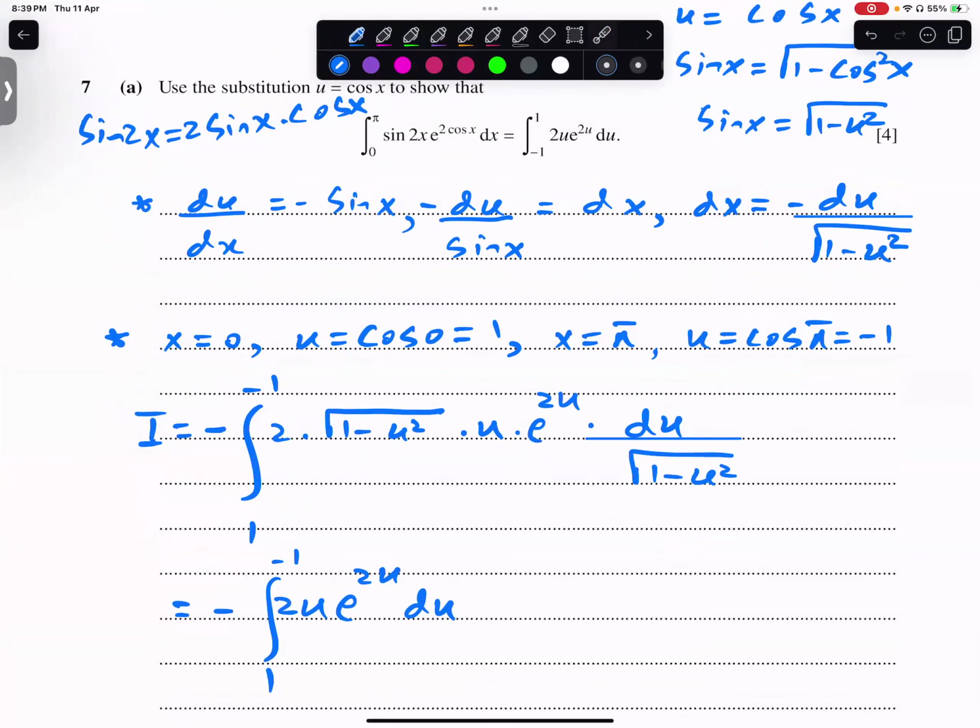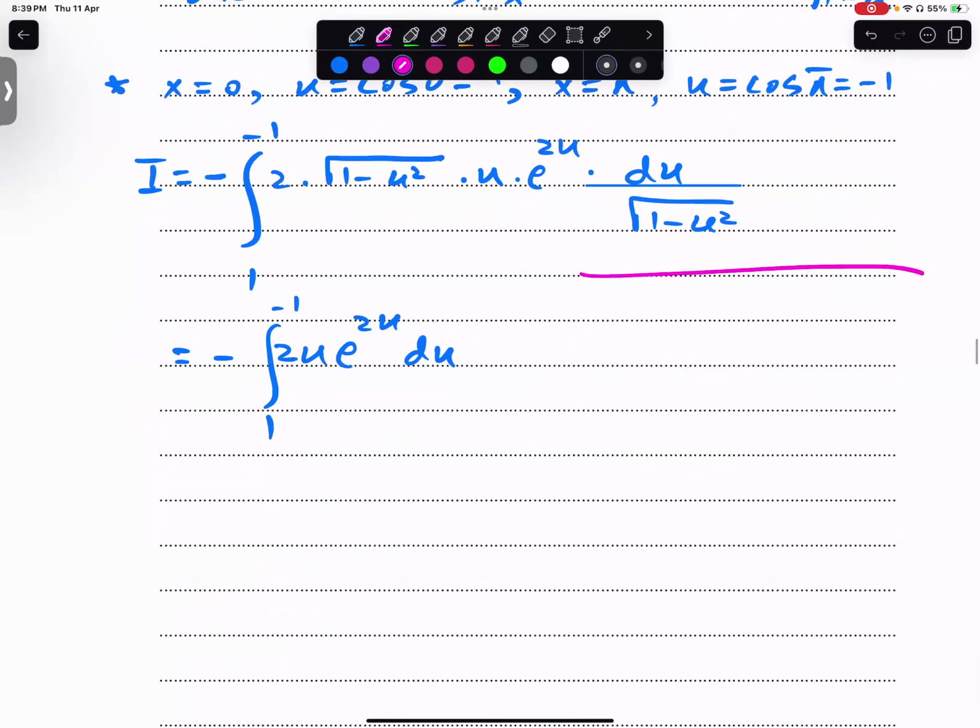But student, you can here also observe that our limits are from 1 to -1, but the required is from -1 to 1. So there is a property of integration.